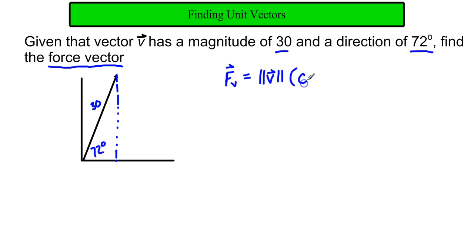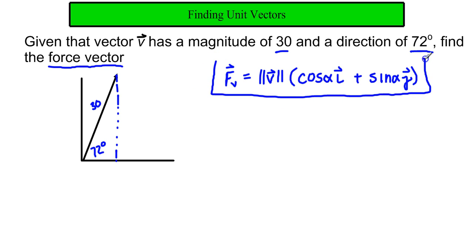So we said the first component is the cosine of alpha times the basis vector i plus the sine of alpha times the basis vector j. So this is the general form of your force vector.